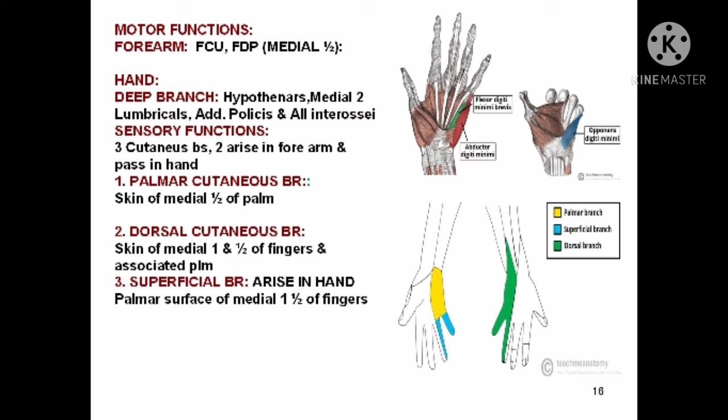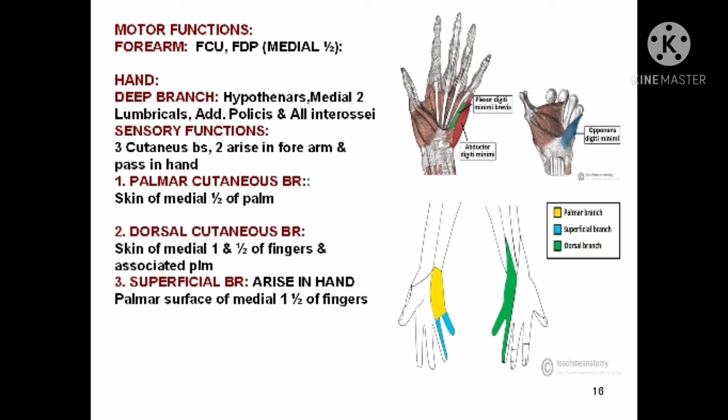The sensory nerves: there are three. Two arise in the forearm and one in the hand. The palmar cutaneous branch is shown in yellow in the diagram, and it supplies the skin on the medial half of the palm.